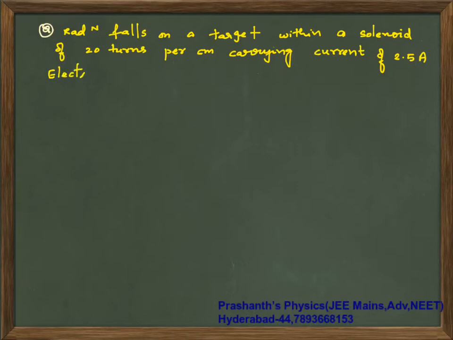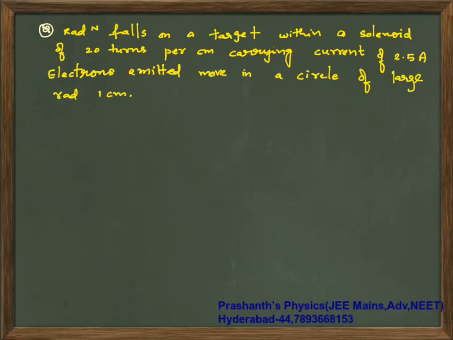Electrons emitted move in a circle of large radius 1 centimeter. Find lambda of radiation, that is 1 bit.